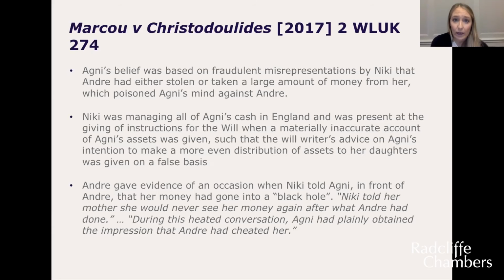Now, this was quite a complicated factual judgment, and it's quite long, so it's a bit difficult for me to give a complete breakdown of all of the different evidence before the court. But one of the incidents that seemed to be most striking for the judge when it came to proving these fraudulent misrepresentations was that there was quite a bit of dispute between the sisters before Mum's death about where her money should be kept and how to protect it.